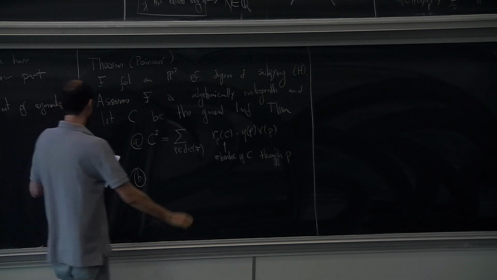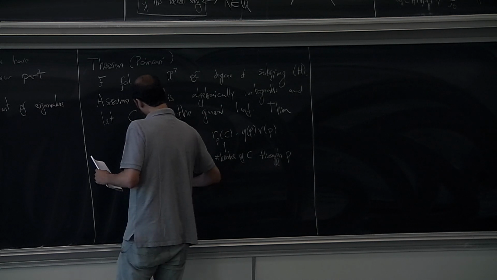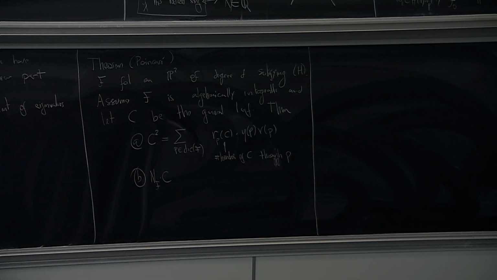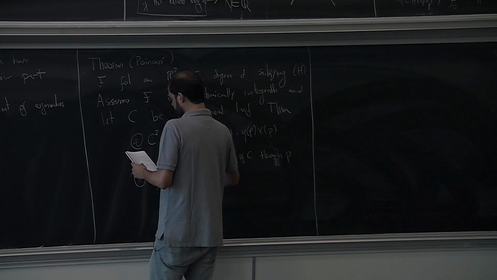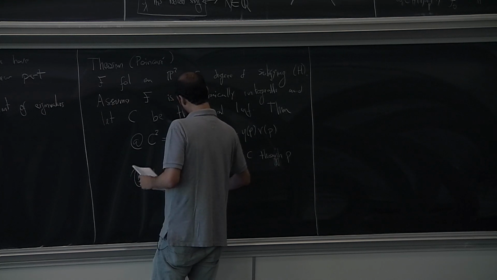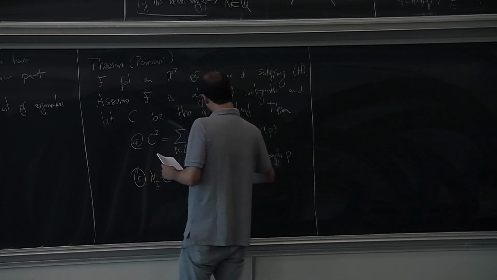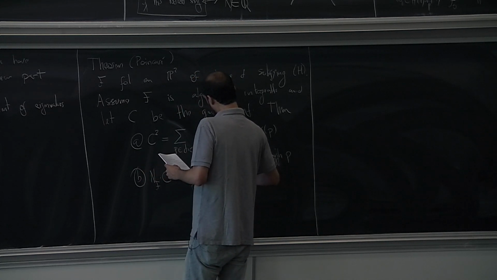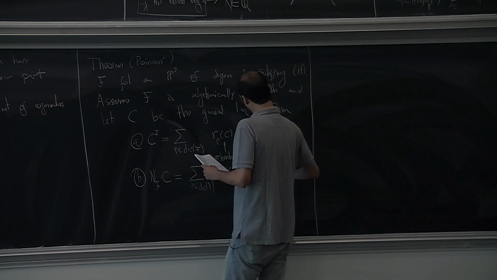And B, the normal bundle of F times C. Of course, Poincaré doesn't talk about the normal bundle. He just writes D plus 2 times C is equal to the sum over P critical of F R P C times mu P nu P.